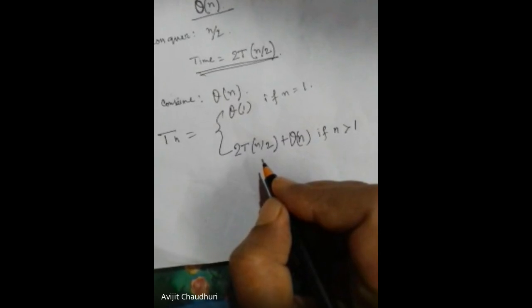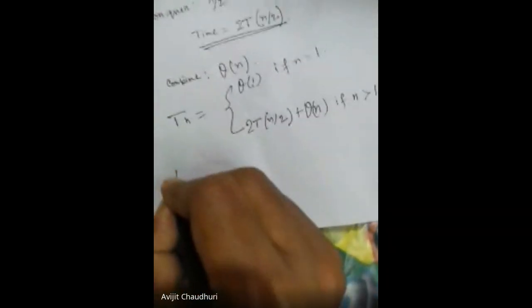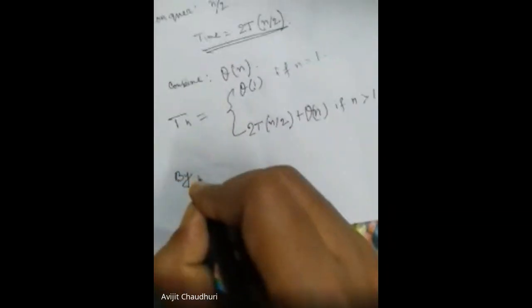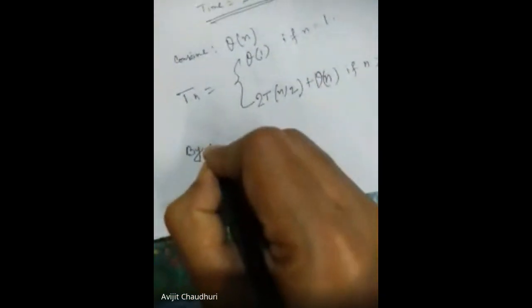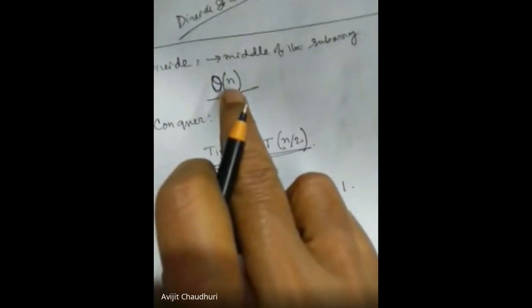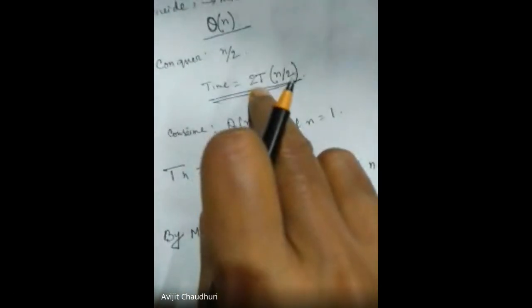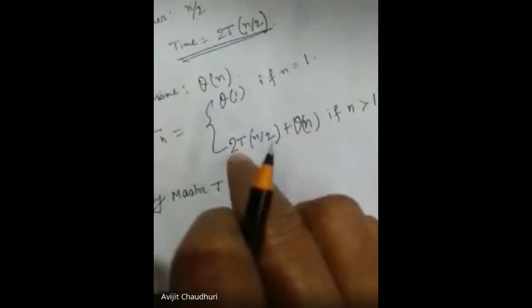Now, the master theorem is not in our scope here. Here we are using plus theta n because it is required to divide and then conquer, so both times are required.